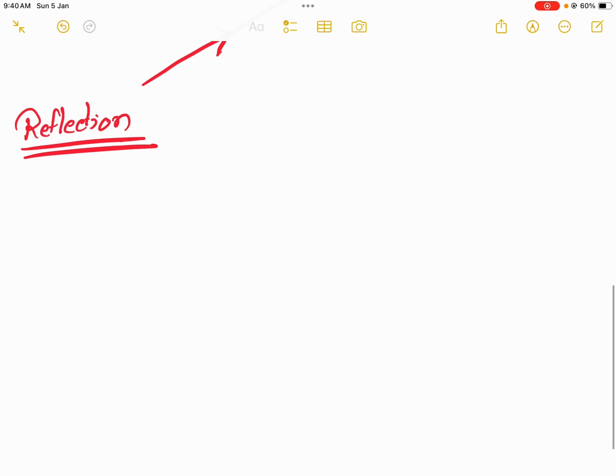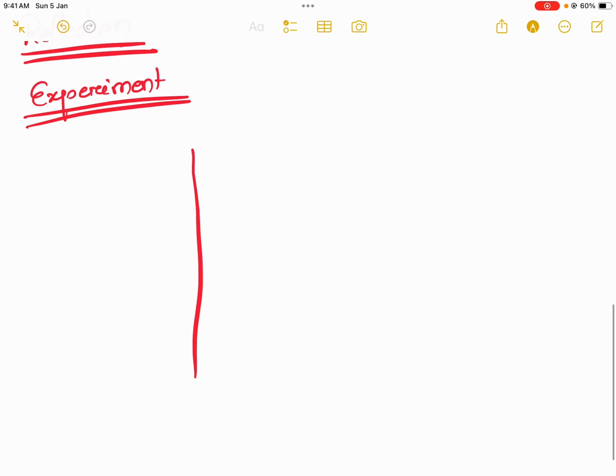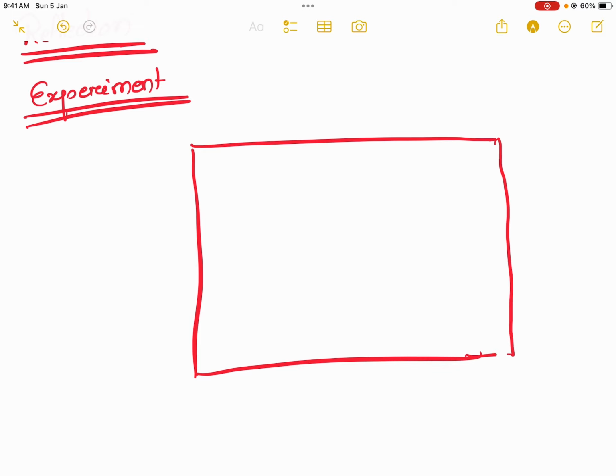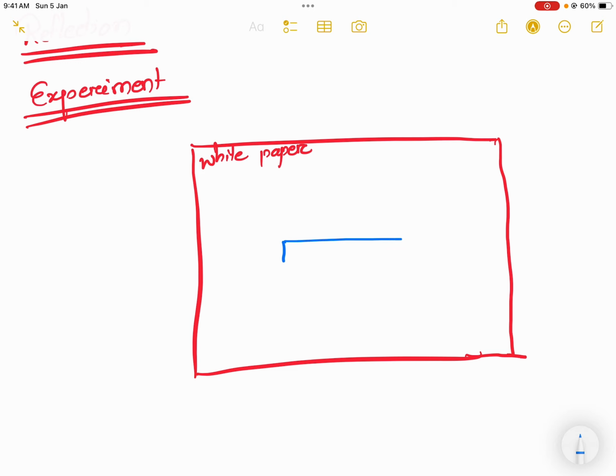Before going to reflection, we will do an investigation, an experiment. People do this experiment in lab. We will take a piece of white paper. We will place a plain mirror on that paper.